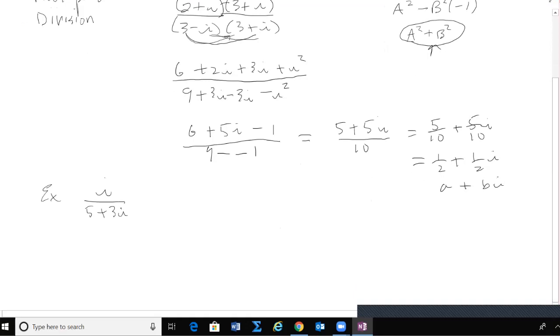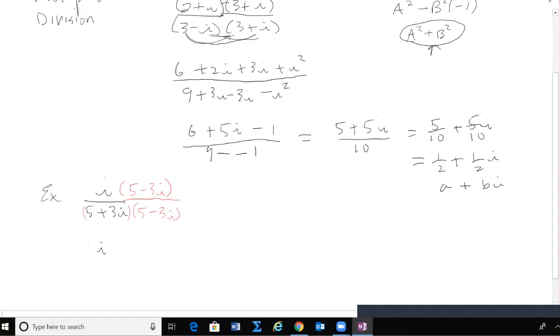So your first step is to write that product. I'm going to take this denominator and multiply it by 5 minus 3i, and same thing up here, 5 minus 3i. So you introduce that, that's the conjugate of the denominator.